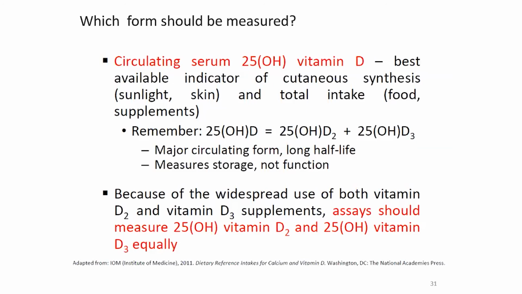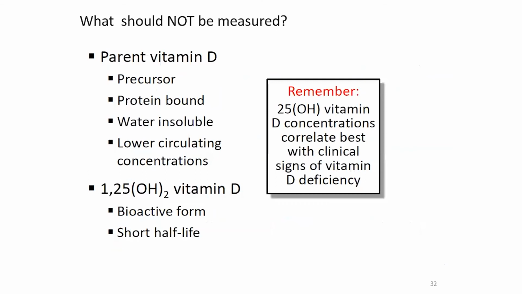Because of the widespread use of both vitamin D2 and D3 supplements, the assay should measure both forms, 25-hydroxy vitamin D2 and D3. Only a few techniques can identify both D2 and D3. We'll come to that in later slides.